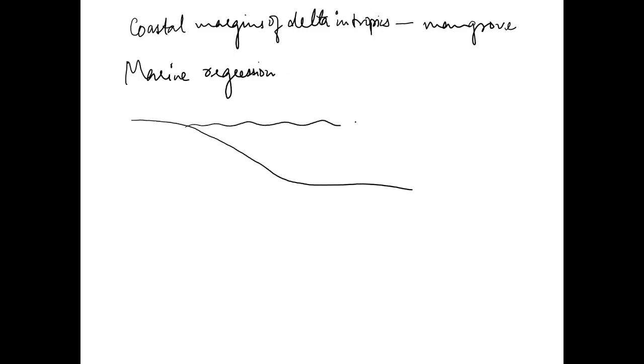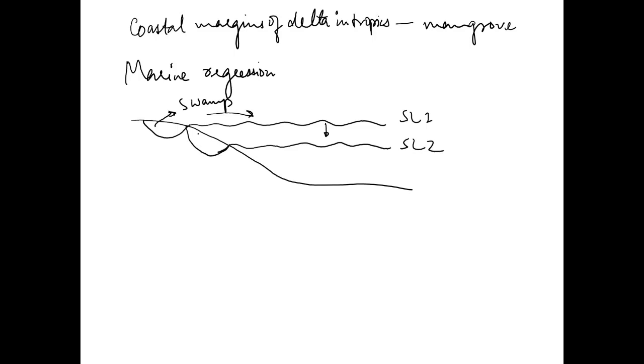If this is sea level 1, during a regression the sea level will fall, sea level 2. So if the swamp was forming here, with regression this swamp will also move seaward.